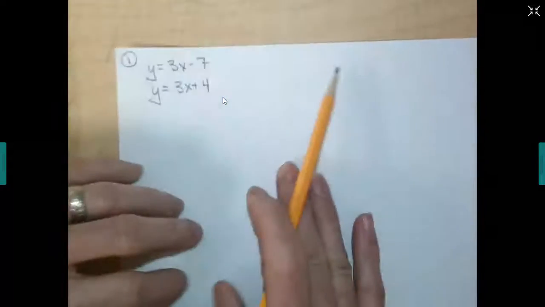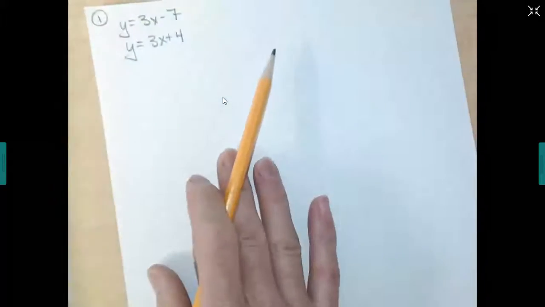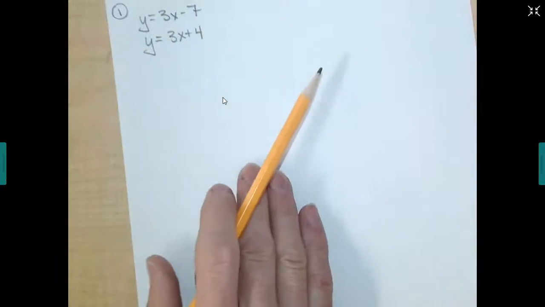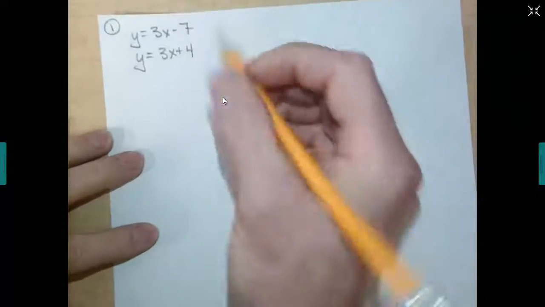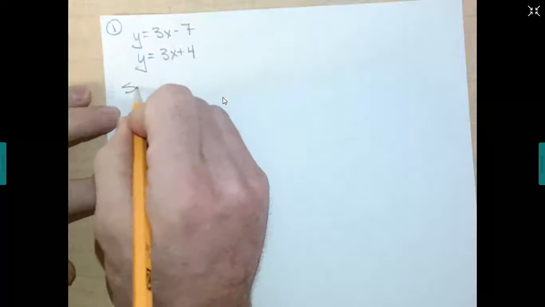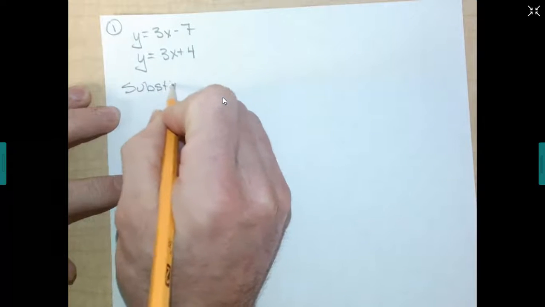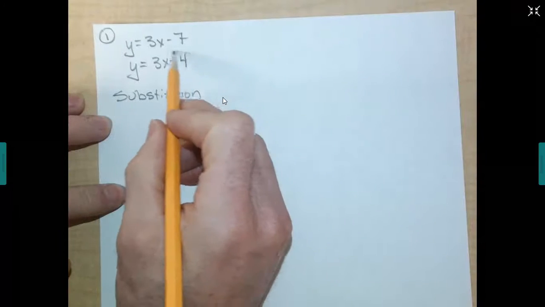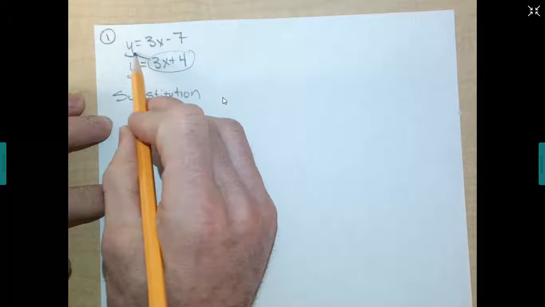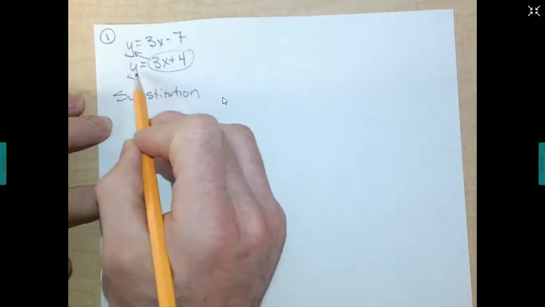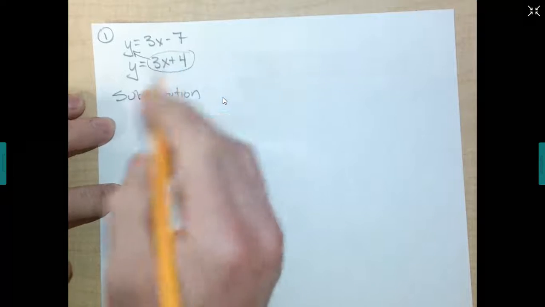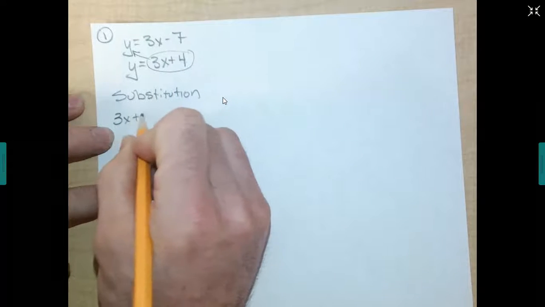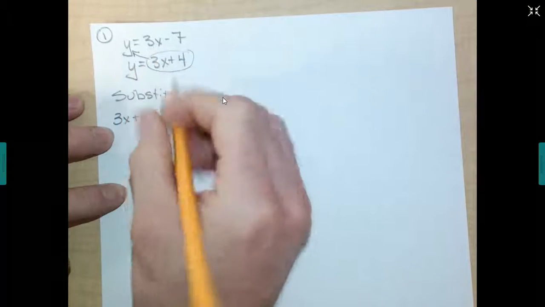If I use substitution, I'm going to substitute this in for this y, because y equals this. So I have 3x plus 4 equals 3x minus 7.